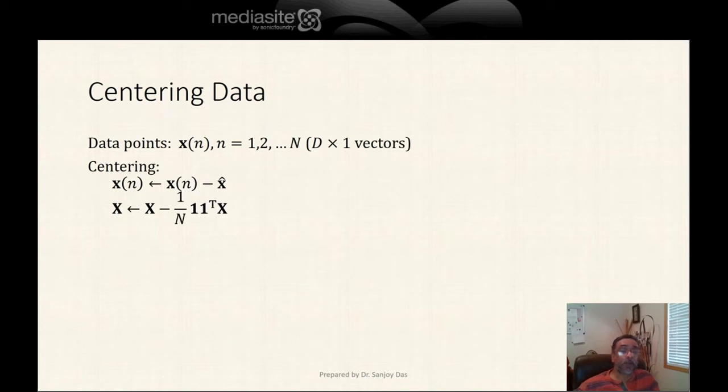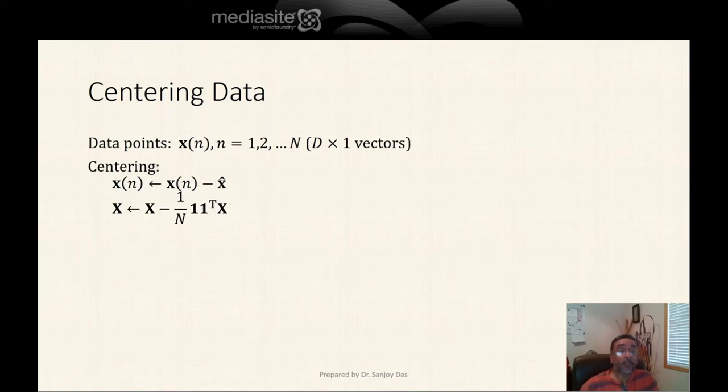X is replaced with X minus 1 over n, where n is the number of samples, times 1 transpose X. This bold 1 is a column vector of all ones, and this 1 transpose is a row vector of all ones, and X is of course our data matrix.